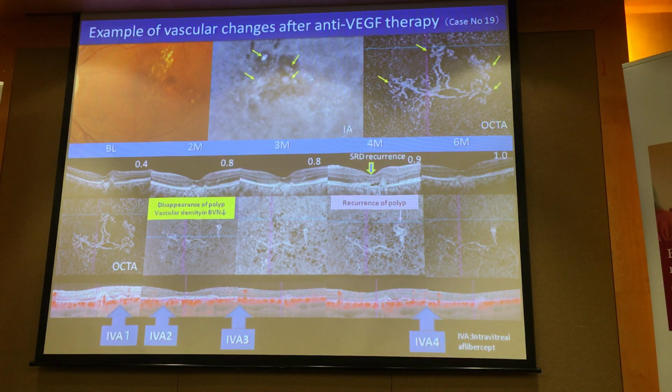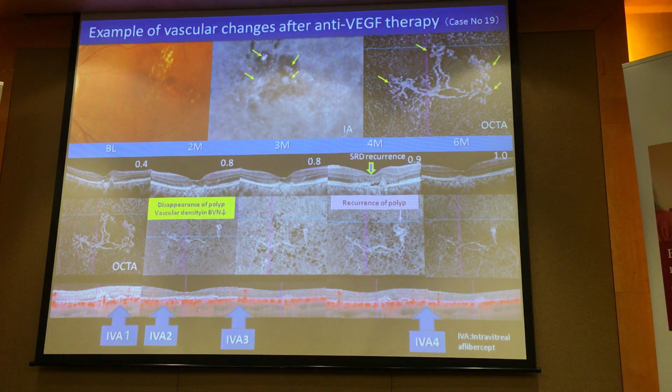The bottom, where you're looking at the flow. Oh, you mean the cross-sectional OCTA? Yes. Would you have expected the flow to have reduced? You can see a flow signal here in the polypoidal region, but there is no flow signal in the OCTA.